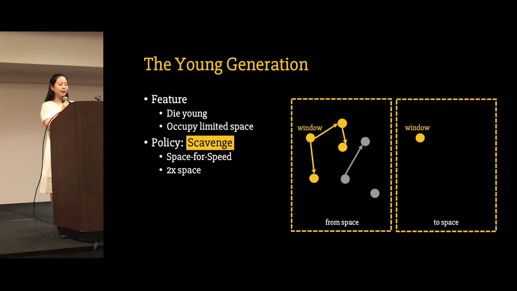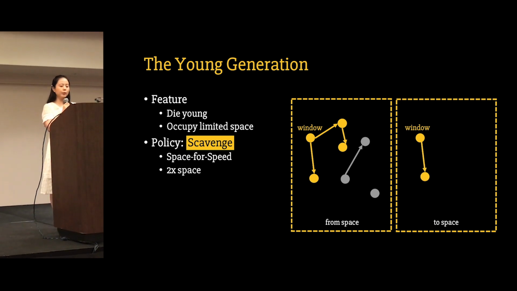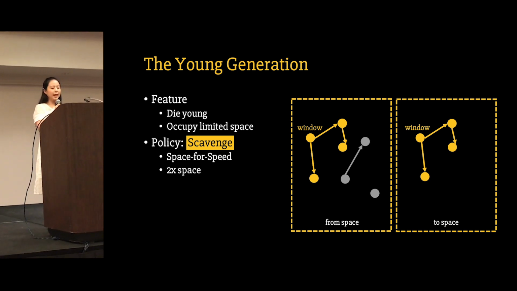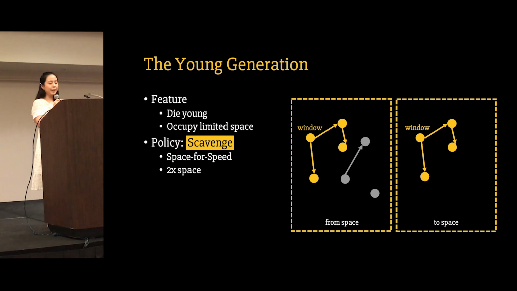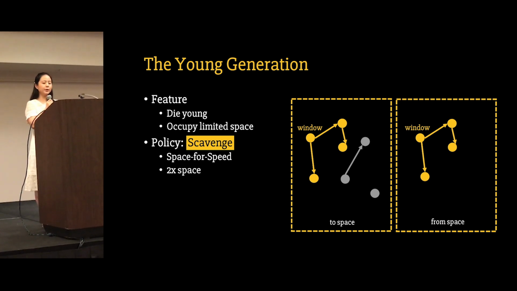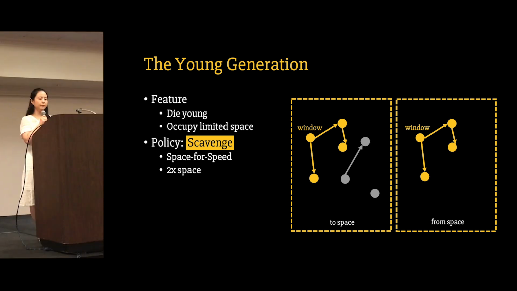Then it does a breadth-first search from the root node and copies the living nodes to the toSpace. After that, swap toSpace and front space so that the new toSpace is reserved for the next GC job. And now we have space for the new allocation.